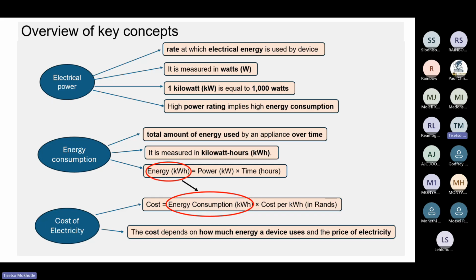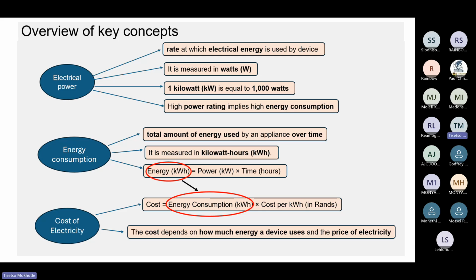It means the cost is dependent on the energy or the kilowatt consumption of that device. If, for instance, our energy supplier increases the cost of 1 kilowatt in rands, it can also affect our cost of electricity on a monthly basis.